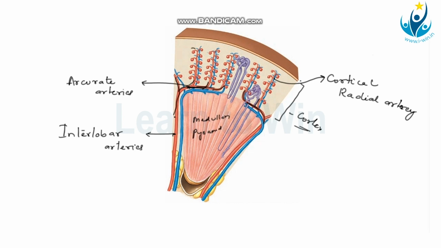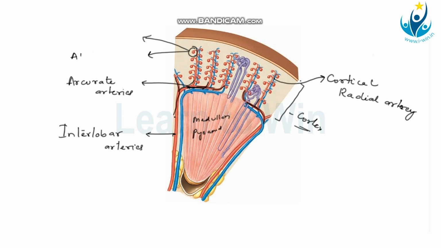And if you see here, each cortical radial artery forms into a ball-like structure. In fact, when you see the nephron structure, you will see this in much more detail. This ball-like structure contains two major arterioles.